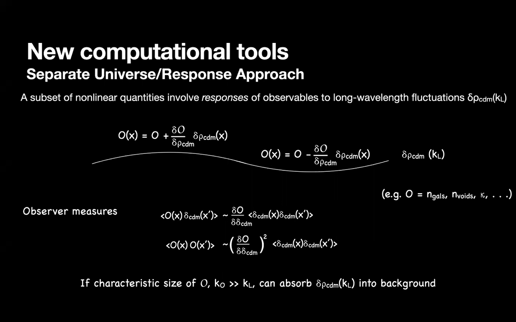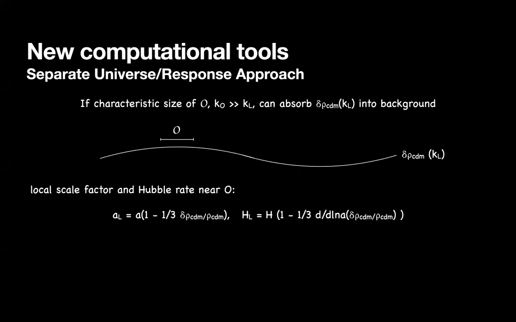So the trick here is that if the characteristic size of this observable is small compared to the spatial variations in the matter field that we're looking at, then one can absorb the fluctuations in the matter into a change in the local background for the observable. So let me rephrase that. So here is my fluctuation in the mass field, which contains the information about the physics that I care about.